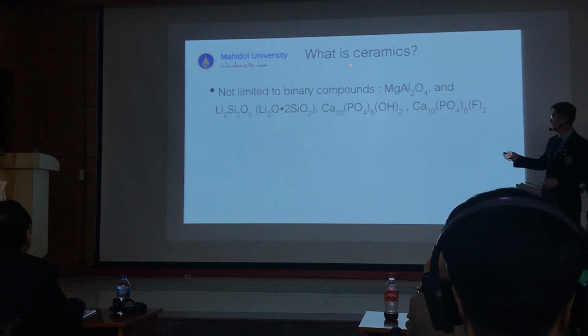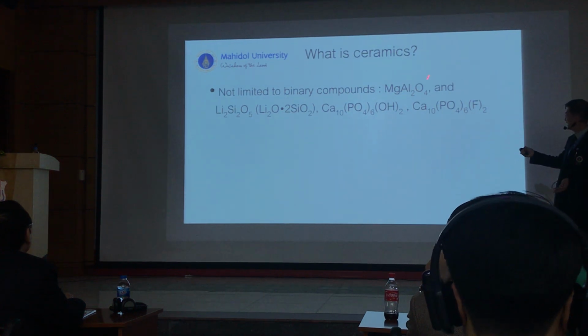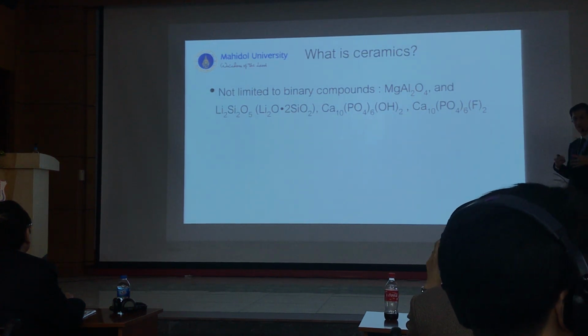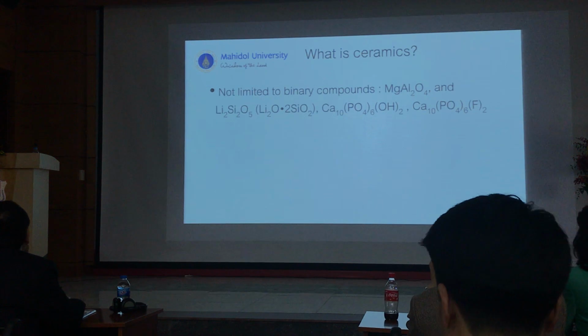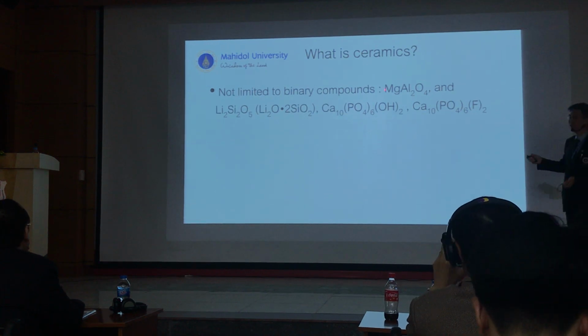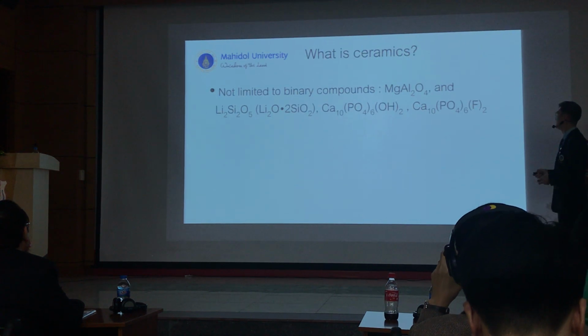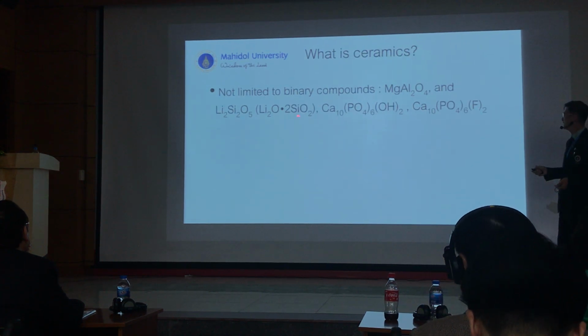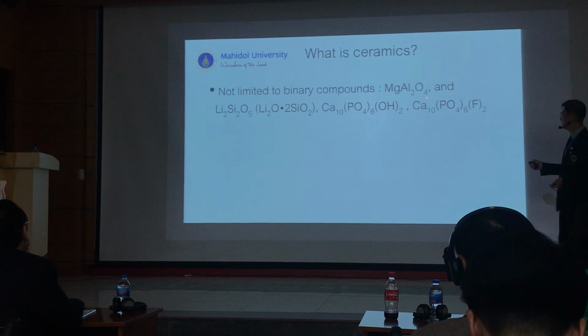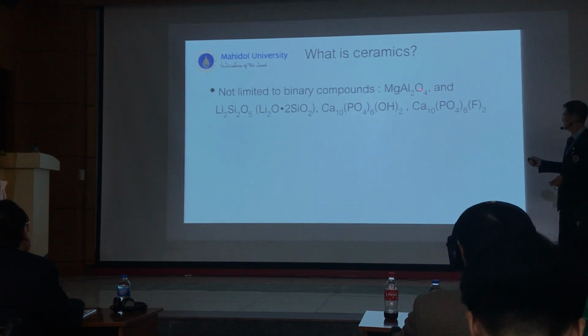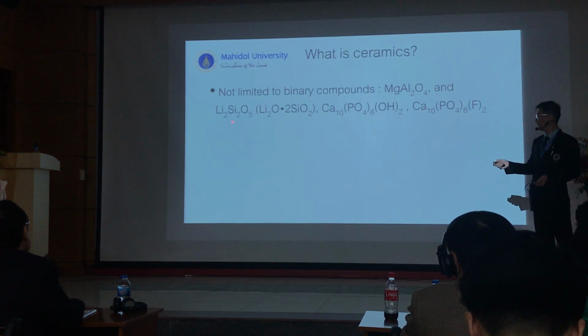The uses of ceramics, actually, can be uncountable. If we talk about the art of ceramics, it can be used in our work. So it's not limited just to compounds, but it's compound, right? Like this one, the material of insulators.